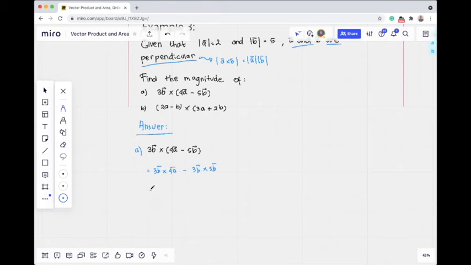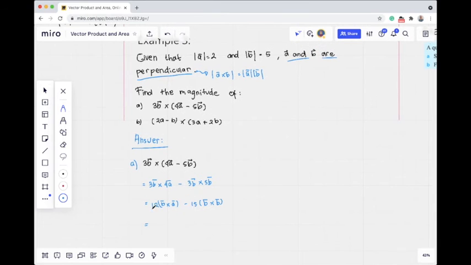Okay, so 3 times 4 is 12, vector b cross vector a, minus 15 vector b cross vector b.